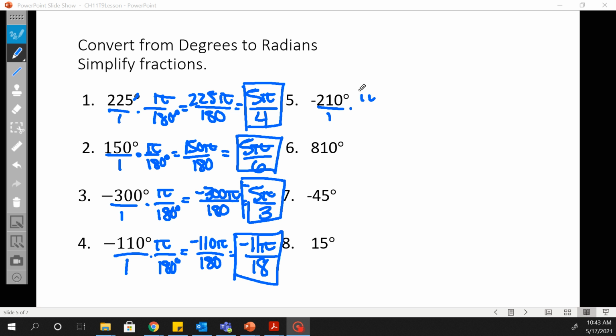We're still changing it into radians, so multiply by pi over 180 degrees. Degrees cancel. So we got negative 210 pi over 180, and that simplifies to negative 7 pi over 6.